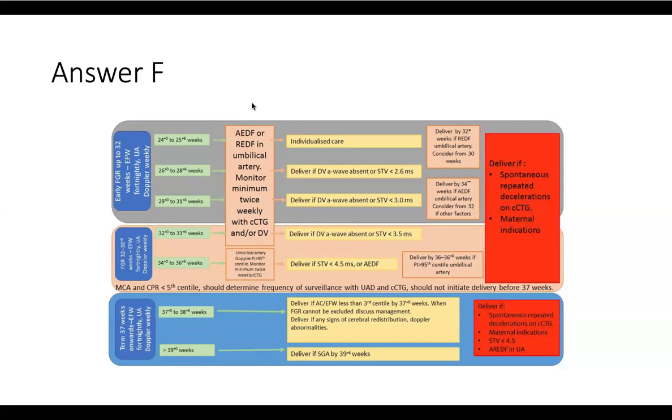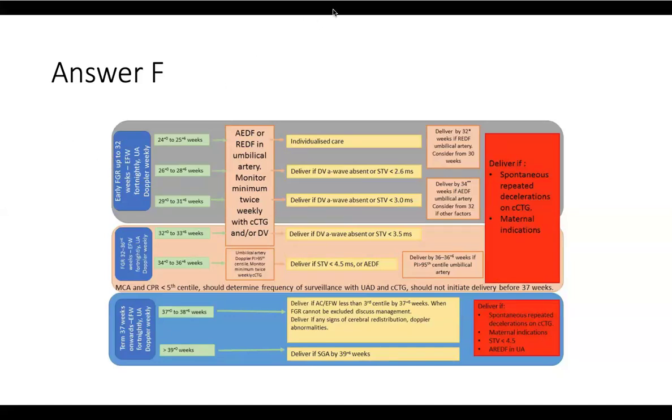I will advise delivery, right? If you had abnormal CTG, like, for example, spontaneous repeated deceleration on the CTG, deliver, right? Okay, good.